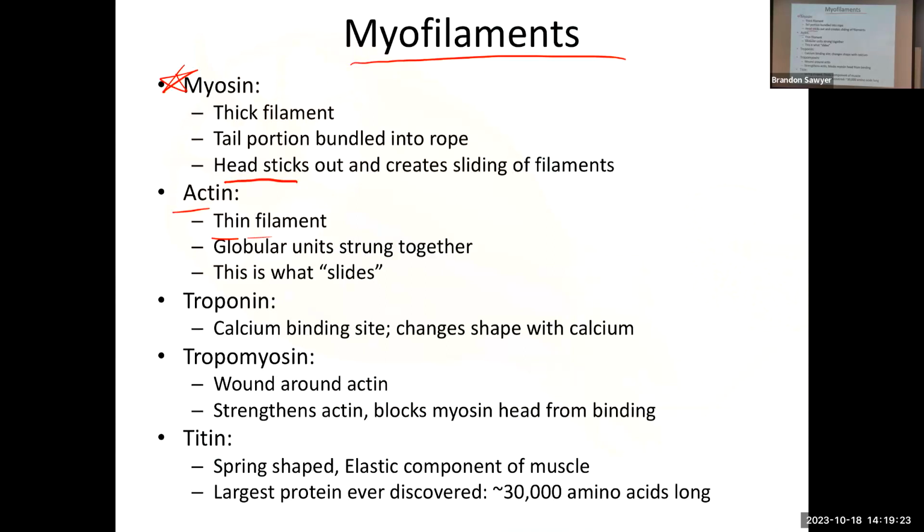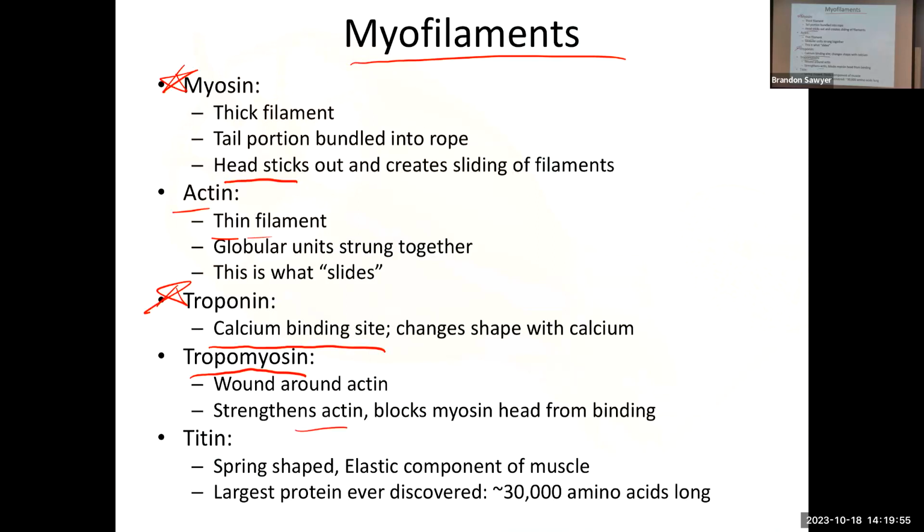On Monday's class, we're going to talk about what's called the sliding filament theory, which is how muscle cells shorten. The one that actually slides is actin, but it's the myosin heads that grab onto actin and make them slide. Troponin is another important one. This is the one that has the calcium binding site, which makes the sarcoplasmic reticulum so important, to hold on to that calcium so we can release it. Tropomyosin strings along the actin and blocks the binding site for the myosin head.